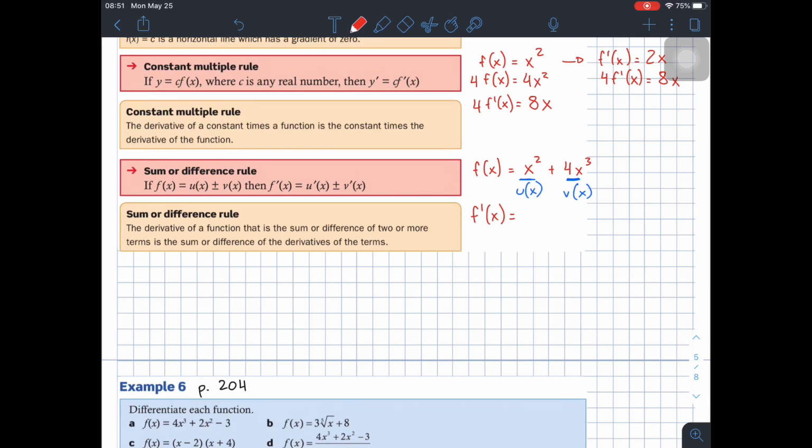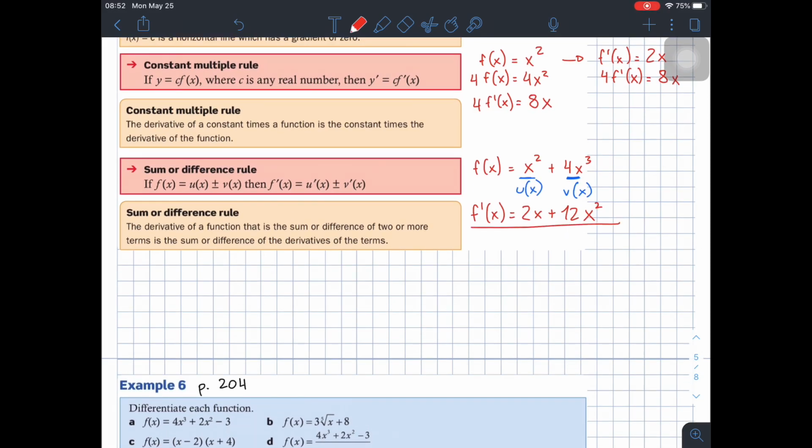So the derivative of x squared is 2x. By following the rule, I take the 2 in front, and the exponent decreases by 1, so 2x. And the derivative of 4x cubed would be, I take the 3 down here, 3 times 4, that's 12x, and the exponent decreases by 1, so this is 12x squared, okay?